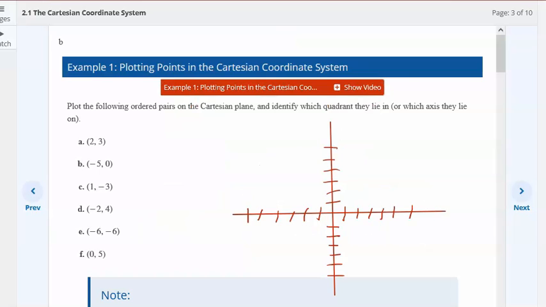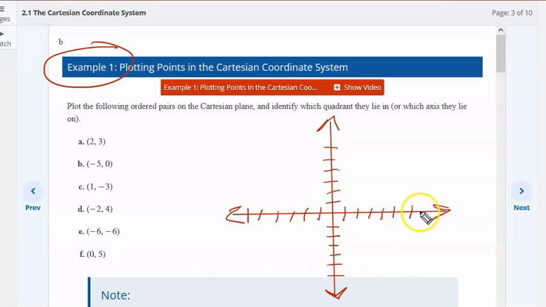In example 1, we're going to ask you to do some very simple things: plotting these points, these ordered pairs, on a graph that you're going to sketch. So you make a horizontal axis and a vertical axis, and then set up some equidistant values.